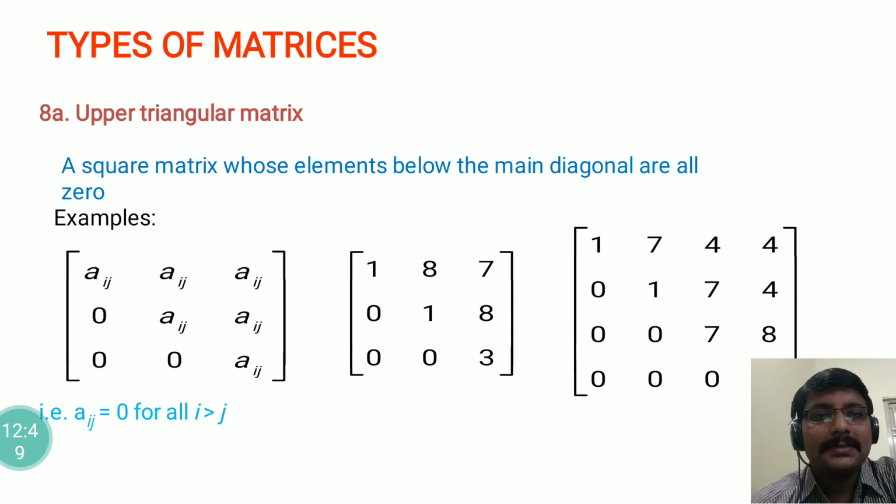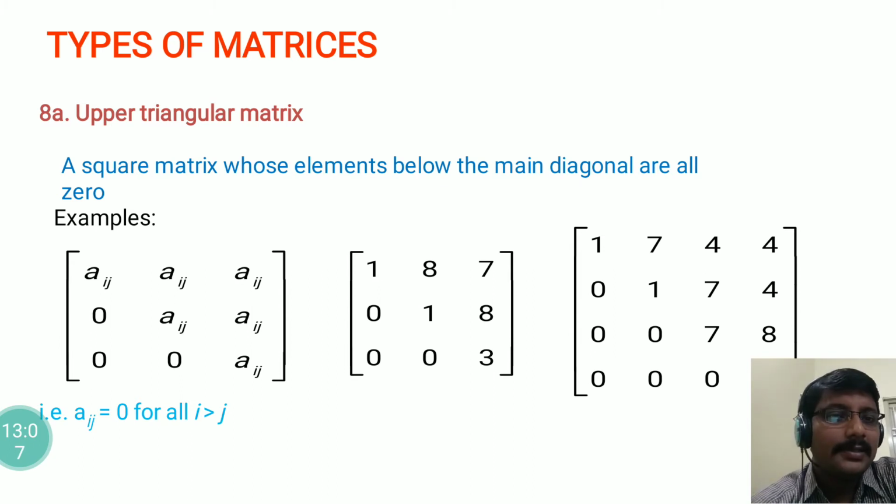Upper triangular matrix, a square matrix whose elements below the main diagonal are all zeros, is called upper triangular. So in the first example, clearly aij is equal to 0 for i greater than j. In the second example also, the elements below the principal diagonal are zeros.